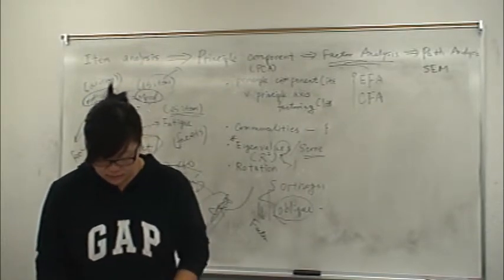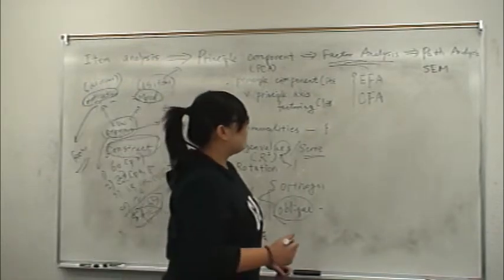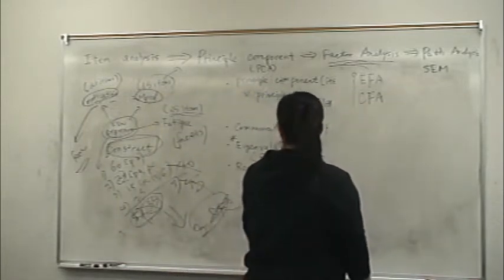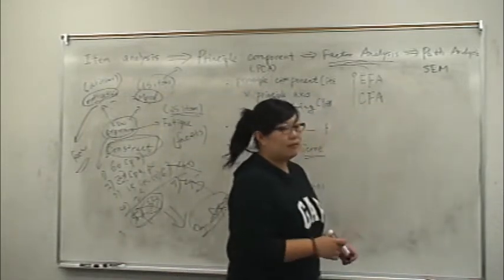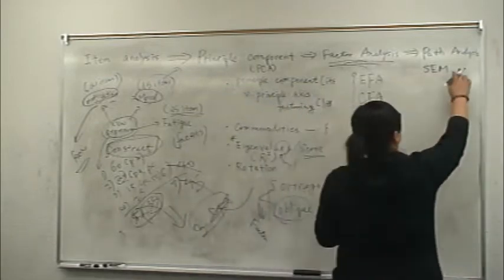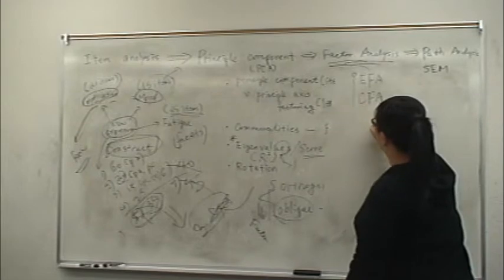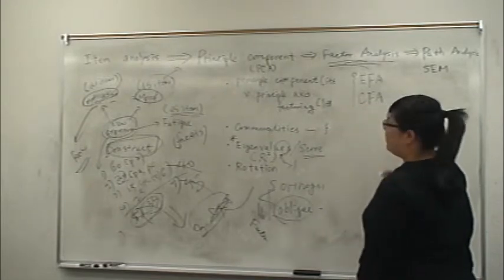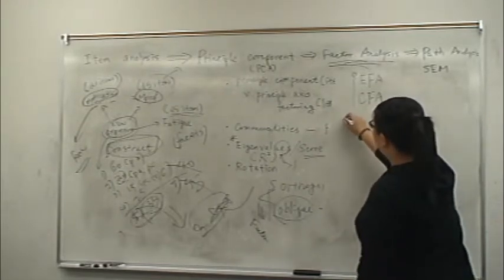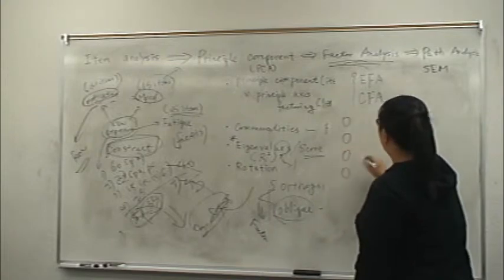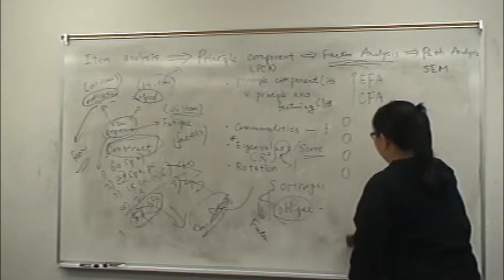I was wondering about that. Okay, so these two are simply an extension of multiple regression. Remember when you do multiple regression, you have only one DV, one outcome. I'll use that word to not confuse you guys.